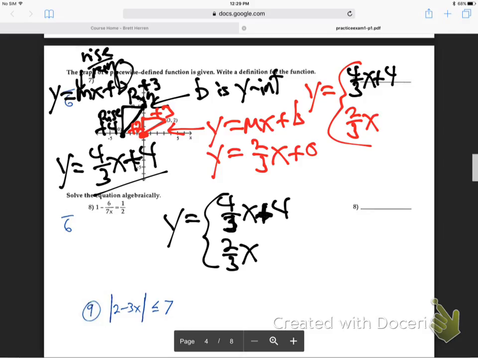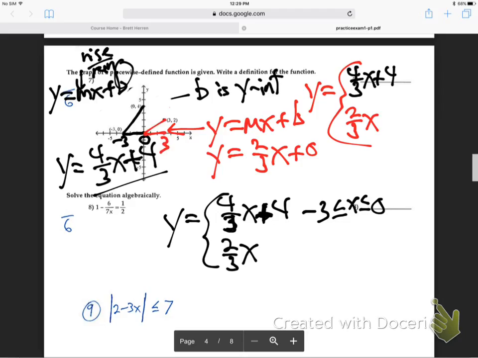So where do they exist? Well, I've kind of made a mess. Let me go back and look at the graph. So this first graph here exists between x values of -3 and 0. And the other graph exists between 0 and 3.